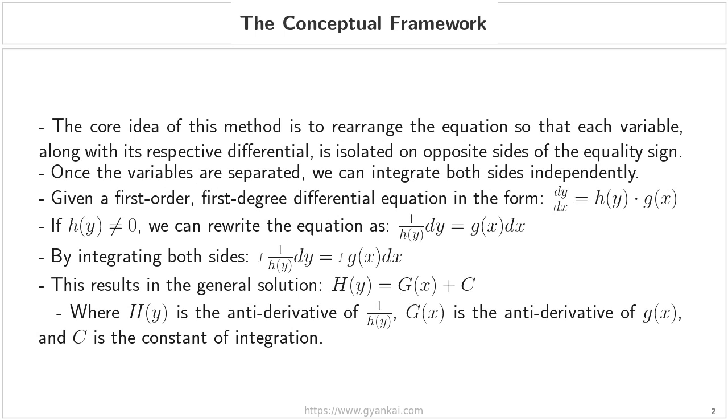After we perform the integration, we arrive at our general solution, which looks like this: H of y equals G of x plus C. In this expression, H of y represents the antiderivative of 1 over h of y, and G of x represents the antiderivative of g of x, and, as we mentioned in the previous slide, we must include C, which is our arbitrary constant of integration. In the next slide, I will break this down into a clear, step-by-step procedure that you can follow every single time you encounter these problems.